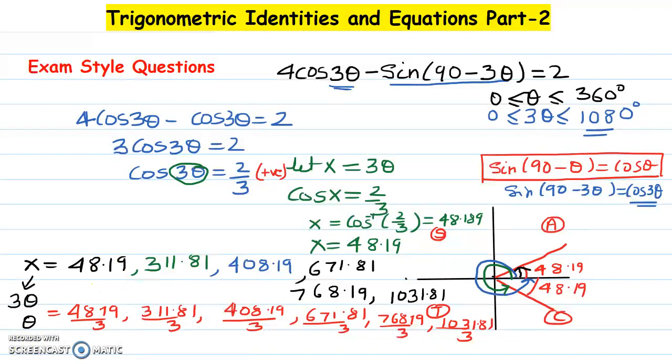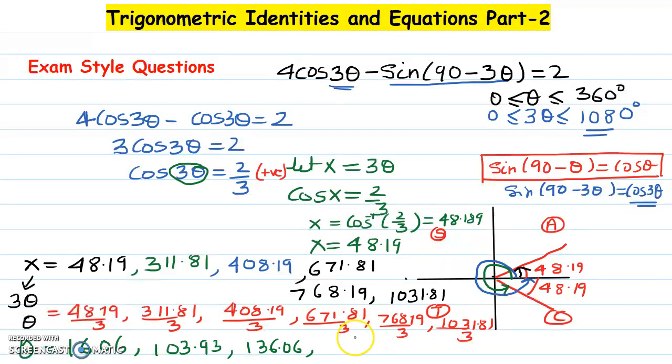So theta equals 48.19 divided by 3. Let me divide and see what it comes to. 48.19 divided by 3 is 16.06. Let's write it down here, 16.06, and the next value will be 103.93, and the next value will be 136.06.